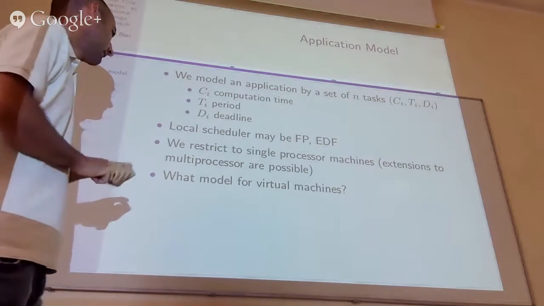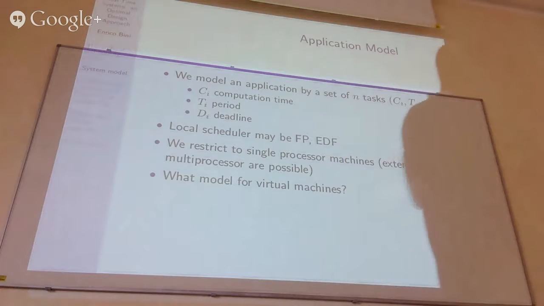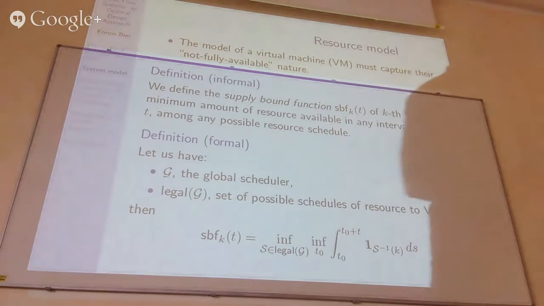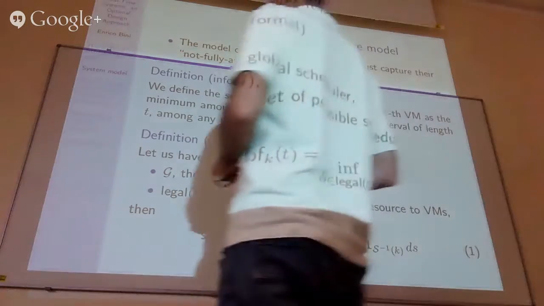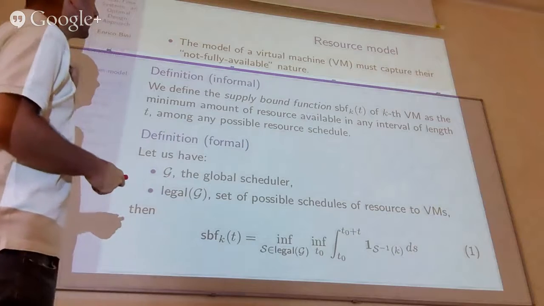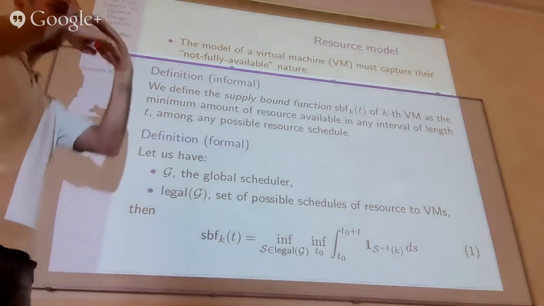Okay? And then the question is, what model do we use for virtual machines? What model do we use for the time provided by a virtual machine? What's the resource model, the model for a virtual machine?